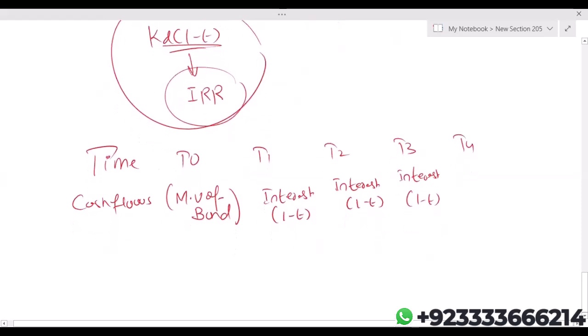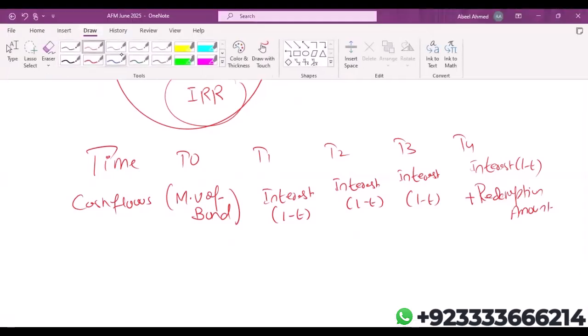But in the last year, there will be interest (1-T) plus the redemption amount.